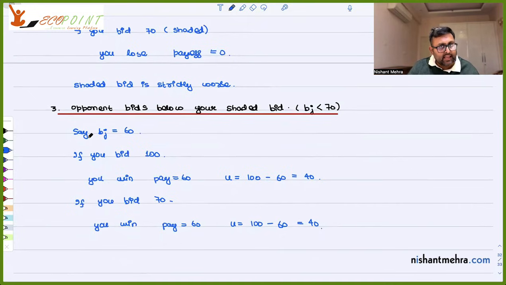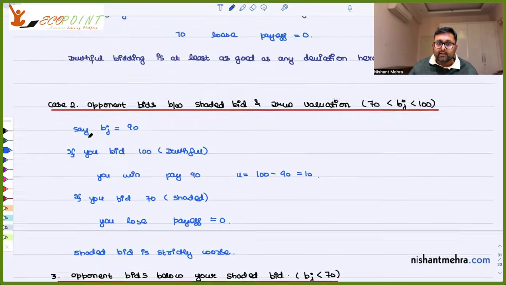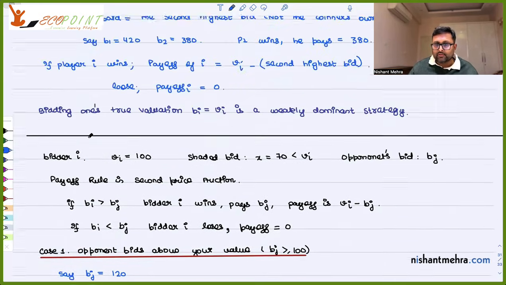So was there any case out of these three where truthful bidding gives you strictly less? It gives you the same payoff as shaded bidding, but in one case it gives strictly more. So isn't it a weakly dominant strategy? So truthful bidding is a weakly dominant strategy.